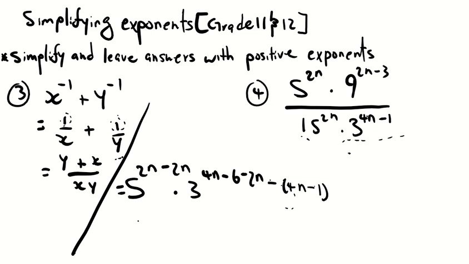Okay, so when you're left with this, you will now perform your basic arithmetic. 2n minus 2n is going to be 0, so we get 5 to the power 0, and then here we're going to have 3 to the power of 4n minus 6 minus 2n minus 4n plus 1.